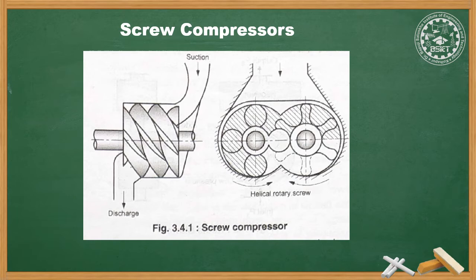And for discharge, as the air reaches the discharge end and discharge port is uncovered, the compressed air is discharged by further meshing of lobe and interlobe space to storage tank. Due to overlap cycle of suction and discharge, it gives smooth and continuous flow of air without creating noise.